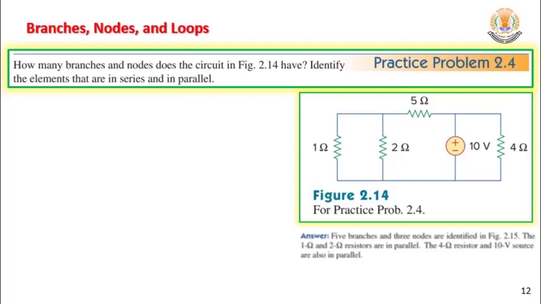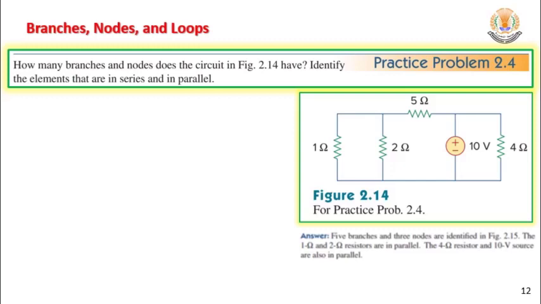Yes. You have 3. This is 1, 2, and all of these together are 3 nodes. Okay? How many loops? 3 loops. Some of you will consider this is also a loop, and the outermost one will be a loop.